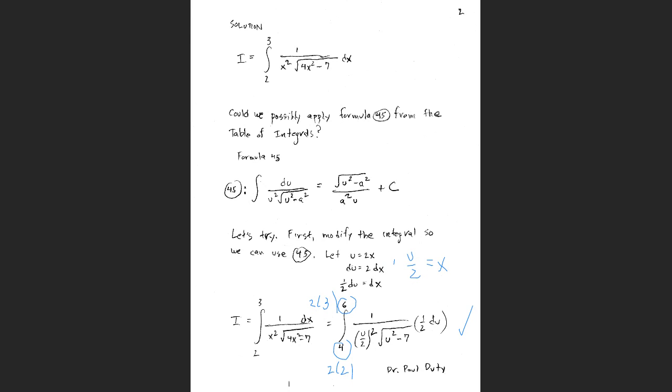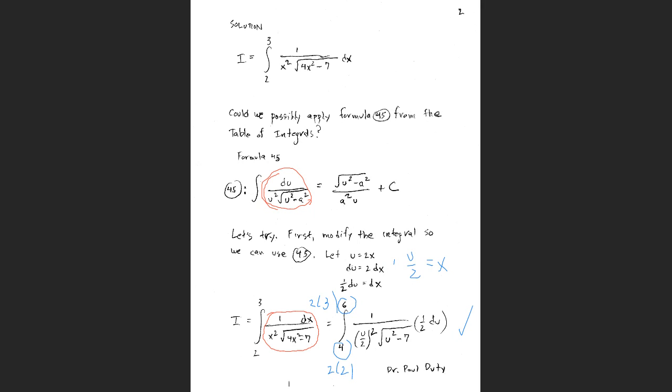Okay. So Eric, why did I let u equal 2x? Well, I'm focused here on Formula 45, what I have here, and then I'm focused on my integral, what I have.